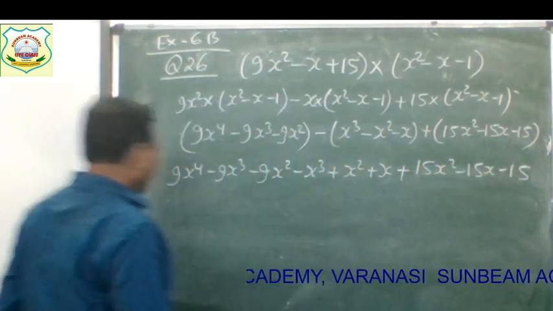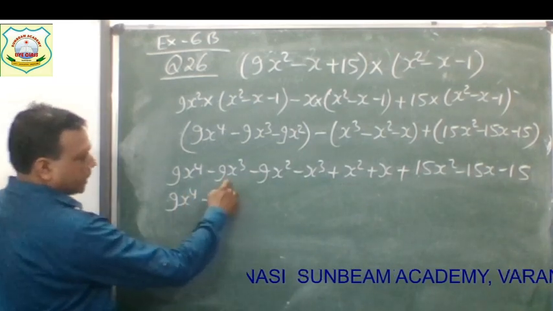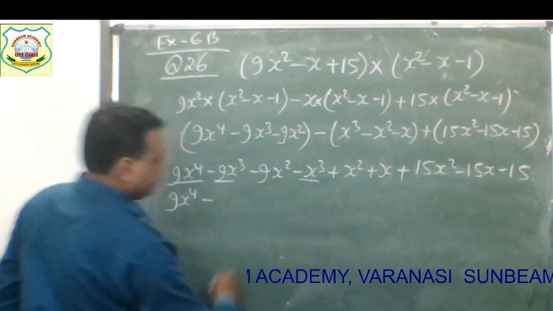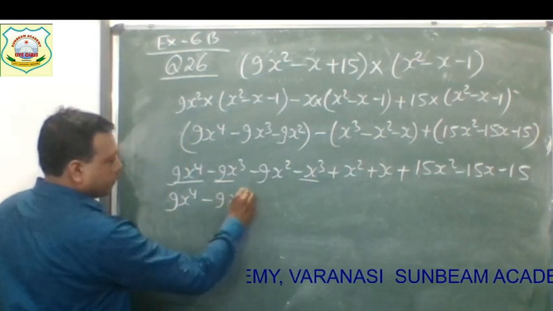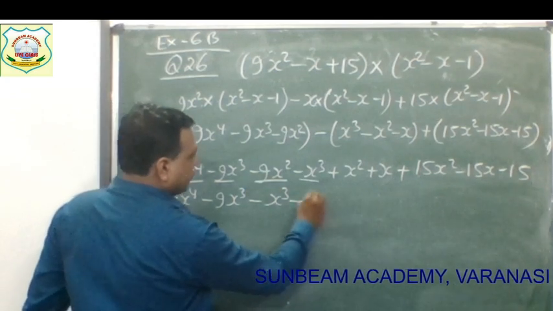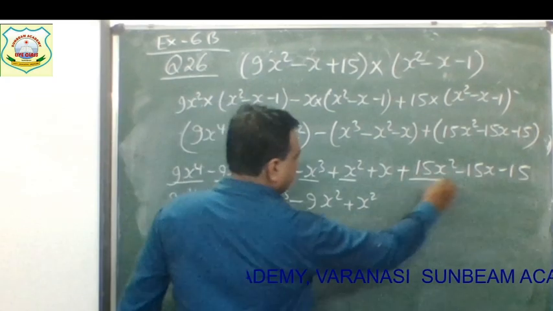Yes, it is okay. Next to x power 4, we note down minus 9x cube, 1 is here and minus x cube. So minus 9x cube minus 1x cube, or x cube, minus 9x square plus x square plus 15x square.